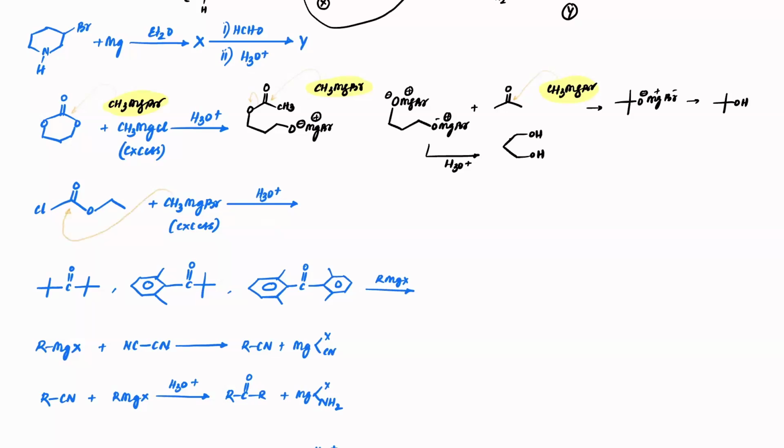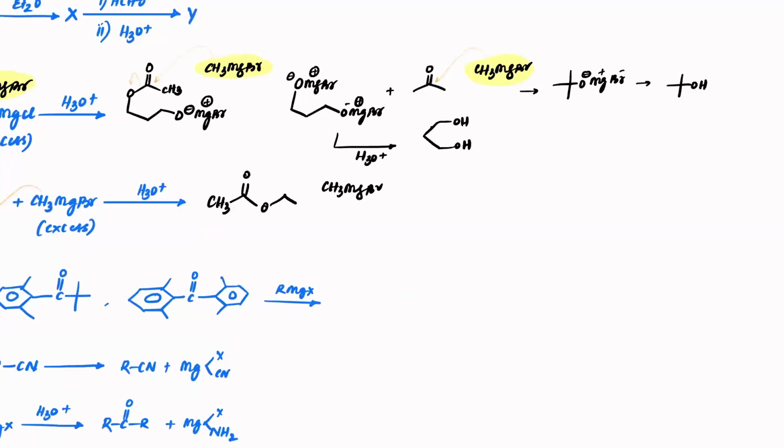So first the attack would be on this end, that makes it CH3 double bond O, O ethyl. Again, the next mole of CH3MgBr will be attacking on this end. This time this bond will break. That will make it CH3, C double bond O, CH3.